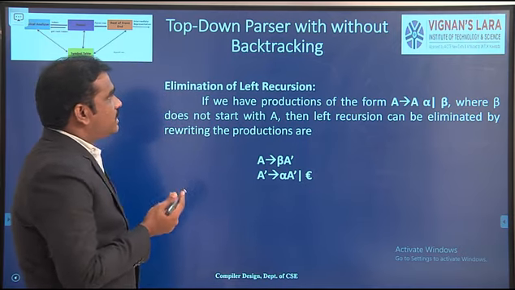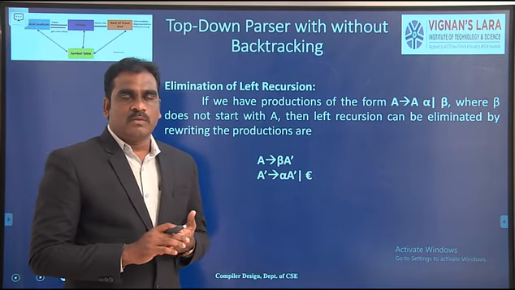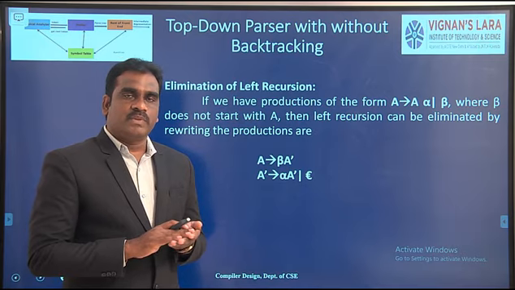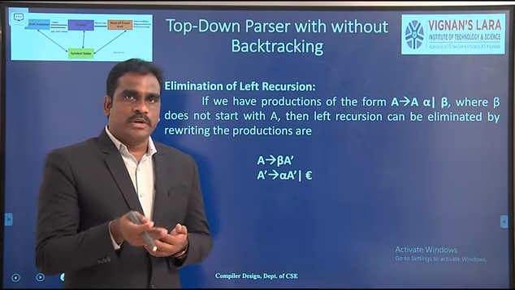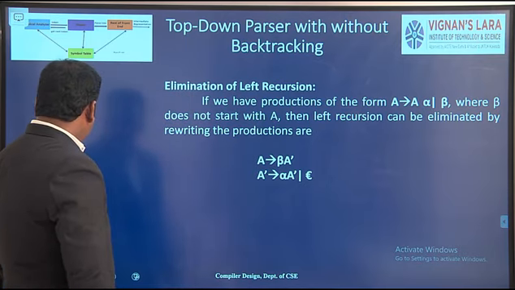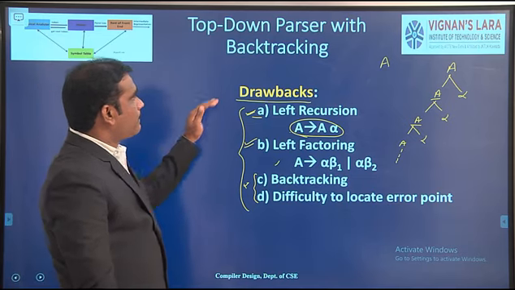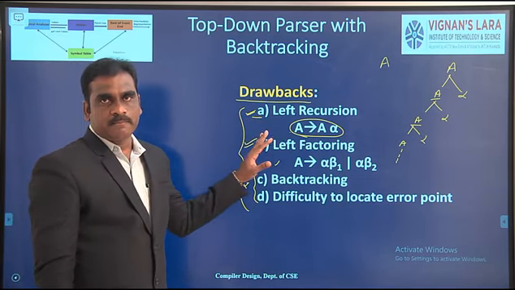In the top-down parser without backtracking, different types are there: one is the recursive descent parser, the second is the predictive parser, and LL(1). Before going to the recursive descent parser, first of all, see, these are the main drawbacks in the top-down parser with backtracking.